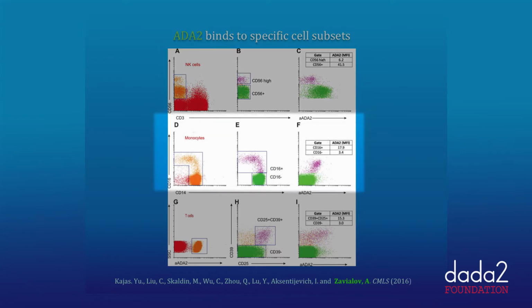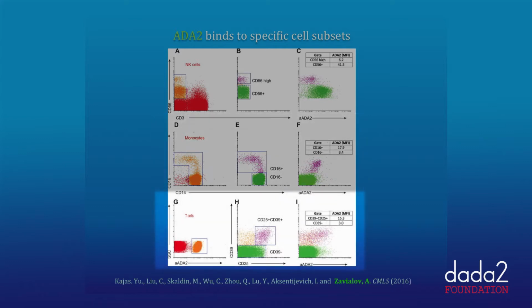The same goes for monocytes: CD16 positive monocytes bind AD2 better, and CD16 negative monocytes don't bind AD2 as well. But at the same time, we found that AD1 binds to the CD16 negative subset. We also found that the cells that normally stain for regulatory T cells bind AD2, and AD1 doesn't bind to regulatory T cells.